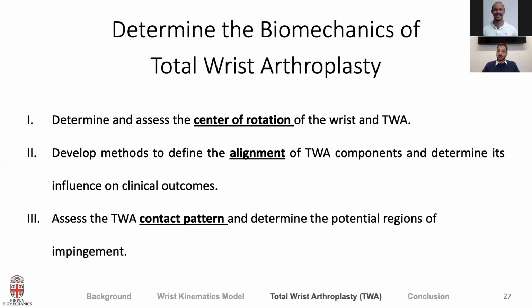Second, I wanted to develop methods to define the alignment of total wrist arthroplasty, which is lacking in the literature, and I wanted to determine their influence on clinical and functional outcomes. And lastly, I wanted to look at the contact pattern of total wrist arthroplasty and see if there are potential regions that cause problems during the movement.